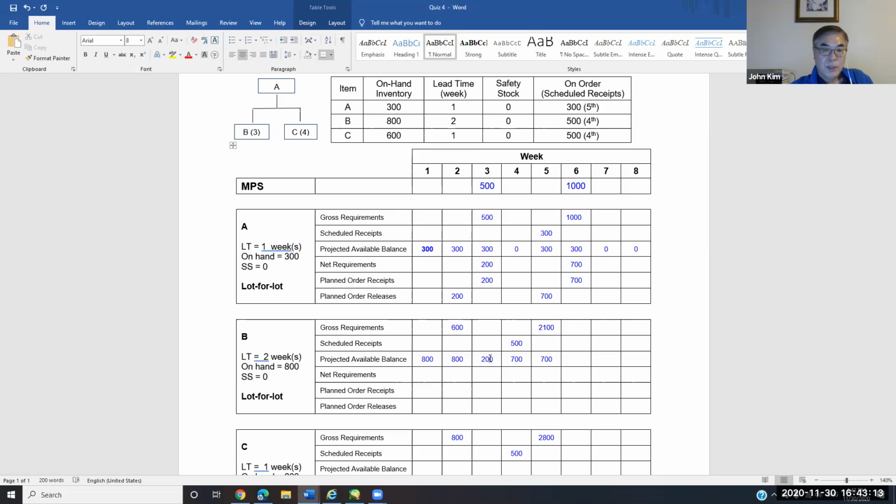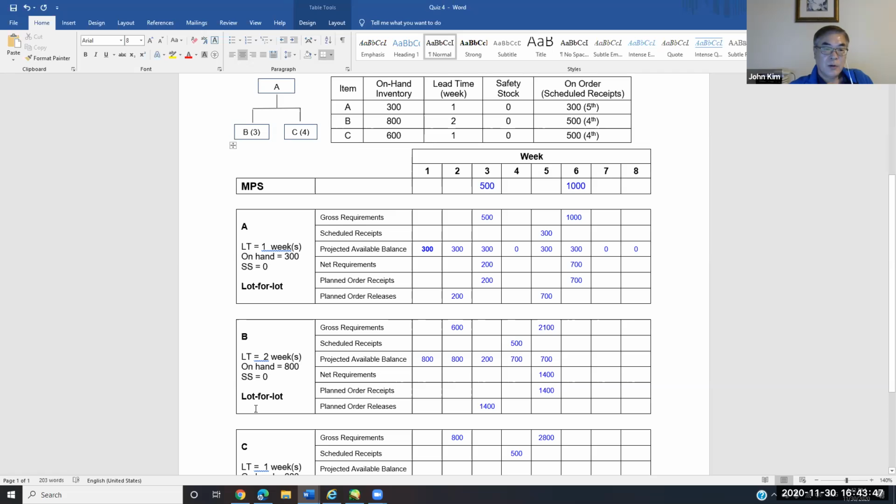So we need more. 2,100 minus 700, net requirement is 1,400. This one also uses lot for lot. So order quantity is 1,400. And then 2 weeks of lead time. So 2 weeks earlier, 1,400.